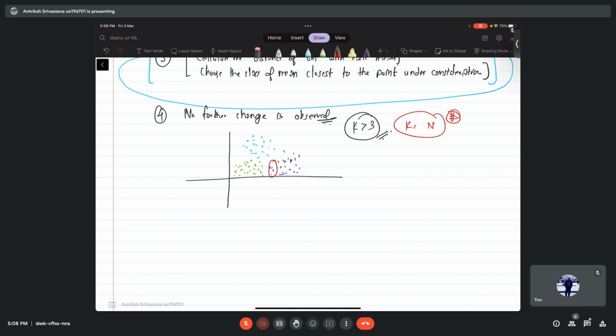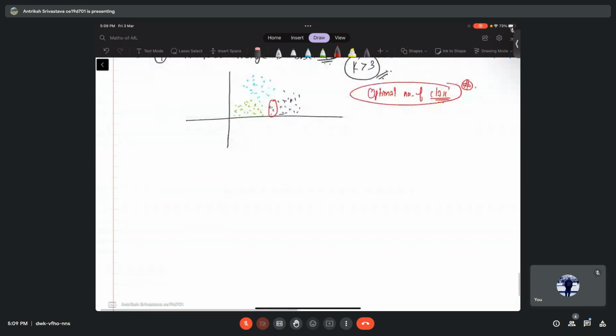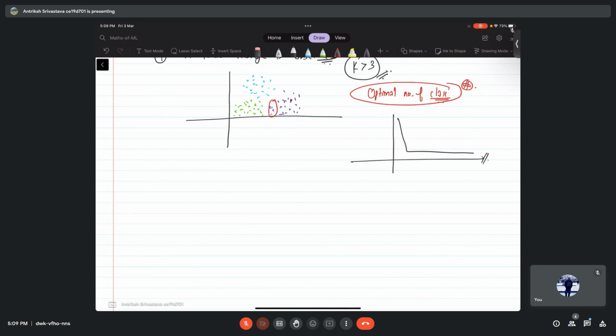That's not good. So to avoid that, there is a plot that we use to determine the optimal number of classes. We'll draw that particular plot. It is called the elbow rule. You try to find the elbow, which corresponds to the least error, and on the x-axis there is the number of classes.